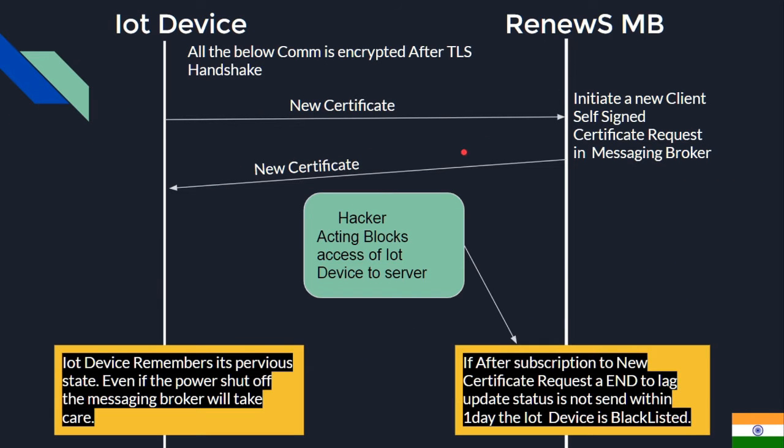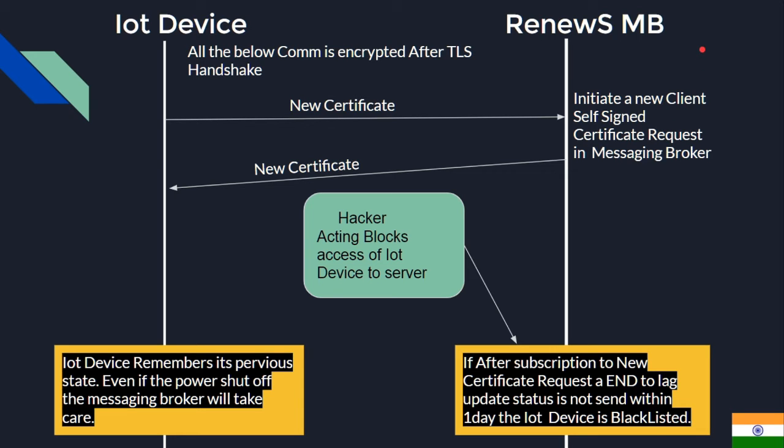Now the main challenge here is that the IoT device has sent a self-signed certificate, the IoT device self-signed certificate, over this link. Now it may happen that a hacker may continuously trigger this, or something else may happen. So we aren't taking any risk. We will initiate a new IoT device self-signed certificate request to the main server.